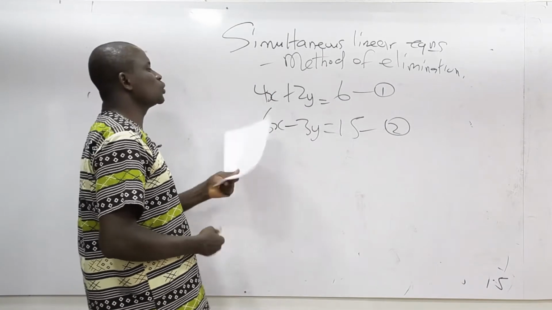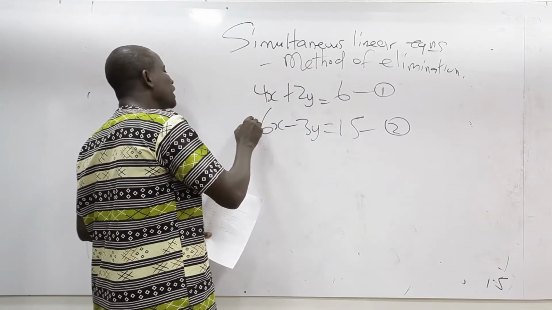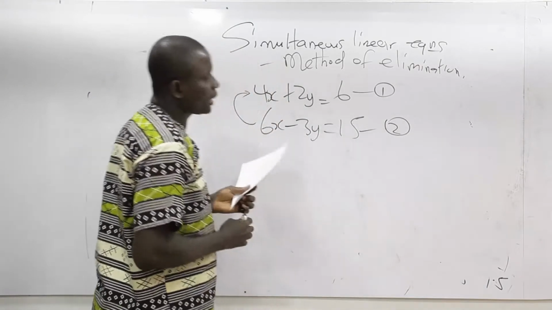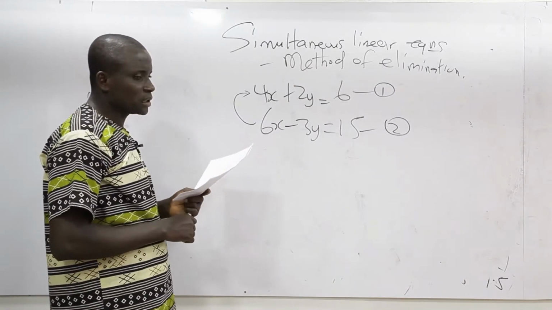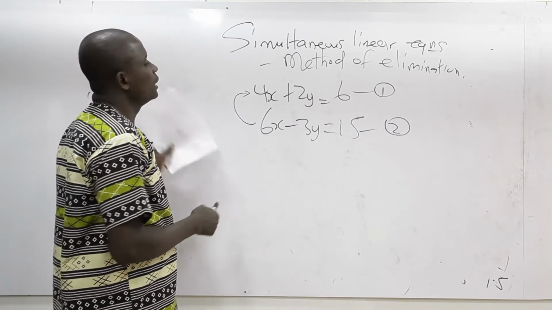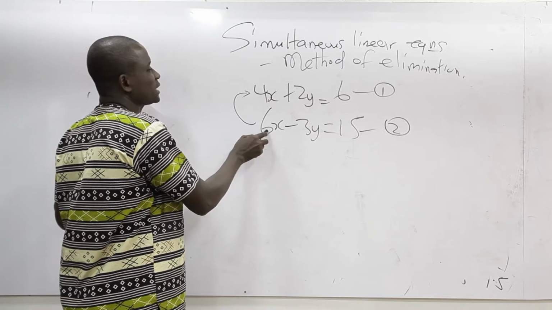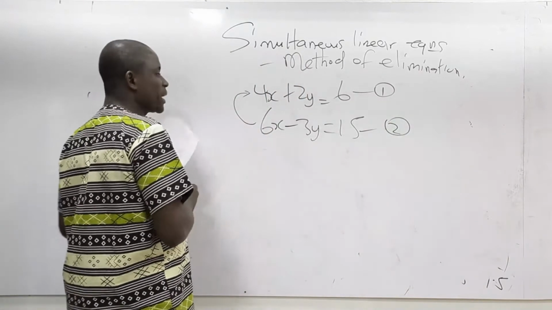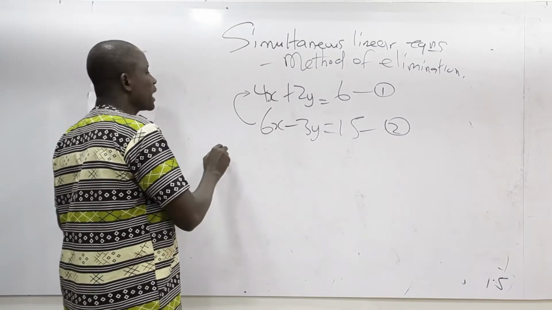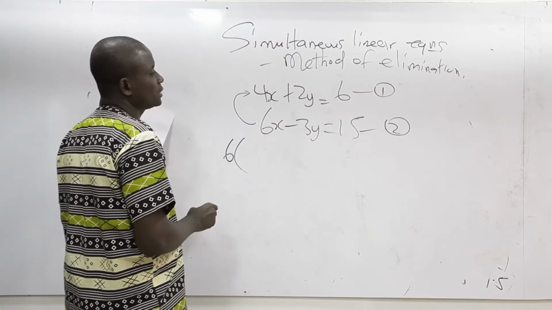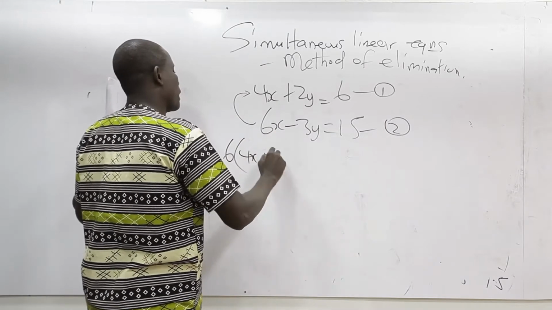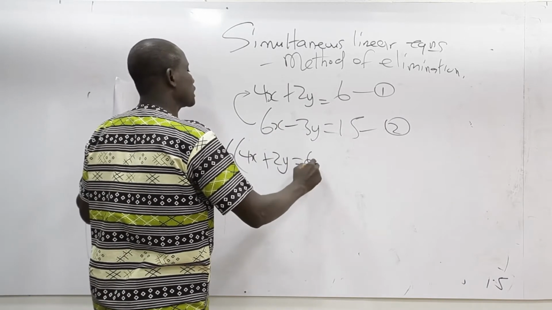So watch here. What we are going to do is pick the coefficient of x in equation 2 to multiply through the whole of equation 1, and that will give us equation 3. I'm repeating. The coefficient of x here is what? It is 6. We are going to use it to multiply the whole of this. When we finish, there will be a counter. So here I'm going to have 6 into brackets. Equation 1 is what? 4x plus 2y is equal to 6.